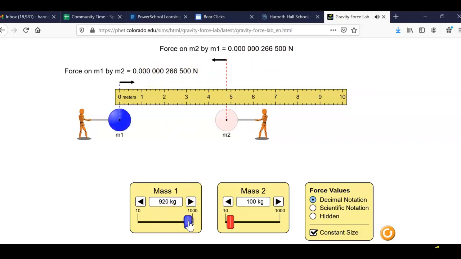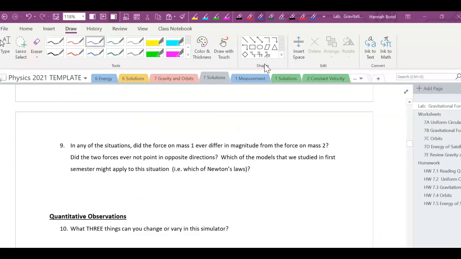If I change the mass, the magnitude changes, right? But the force on mass 1 is always equal to the force on mass 2. And so I think, no, we never see a situation where the magnitude is different.